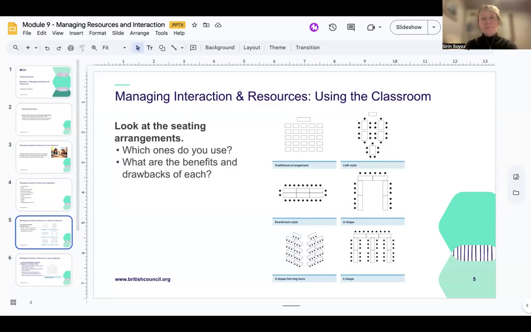I'm Oday from Group 2. I want to add that most of us agreed that we use the traditional arrangement in our schools because of the space and the number of students that we have. But we agreed that the U shape is perfect so that we can use the space between the desks, and also all the students can see anything that we present on the board or when we are talking.